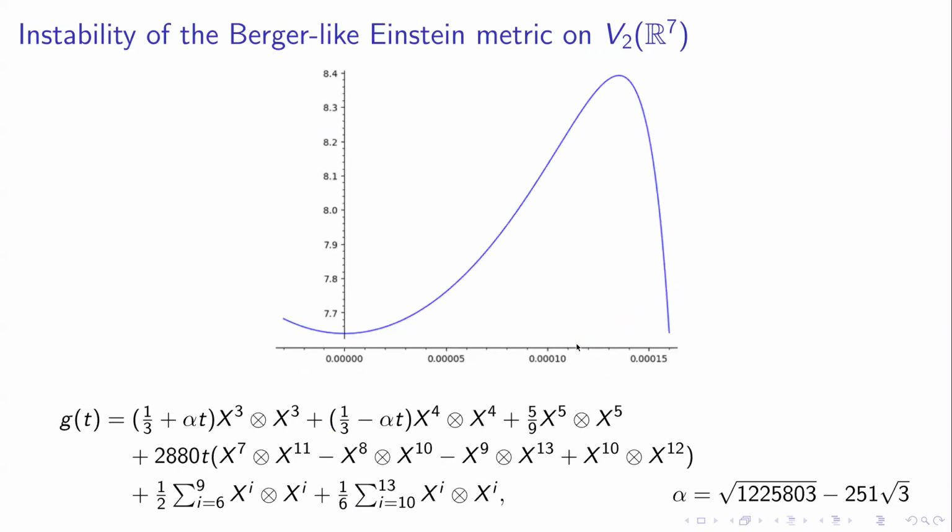And for the Berger-like Einstein metric, it's a little bit more complicated because we have to move along non-diagonal metrics. So the formula here is very ugly. This alpha is this number here. Well, this is not very important. You can see that it is not diagonal. And it's also complicated to verify this numerically. This picture is zoomed in.